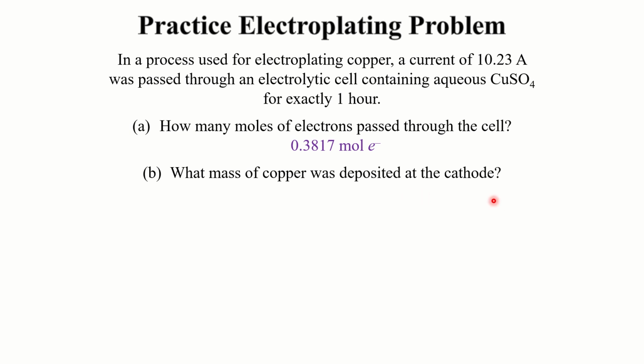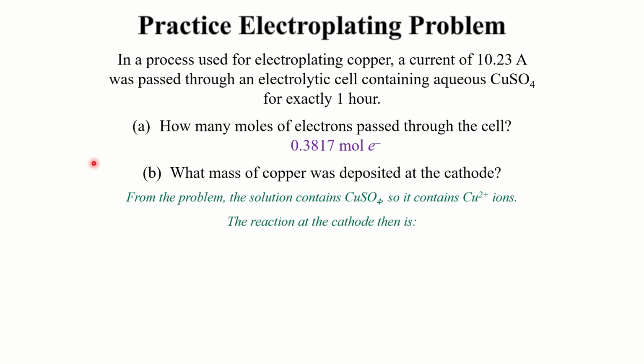Letter B, what mass of copper was deposited at the cathode? Here, this is basically just a stoichiometry problem. From the problem, the solution contains copper sulfate, so it contains copper 2+ ions. The reduction at the cathode, therefore, must be Cu2+ plus 2 electrons forms solid copper.